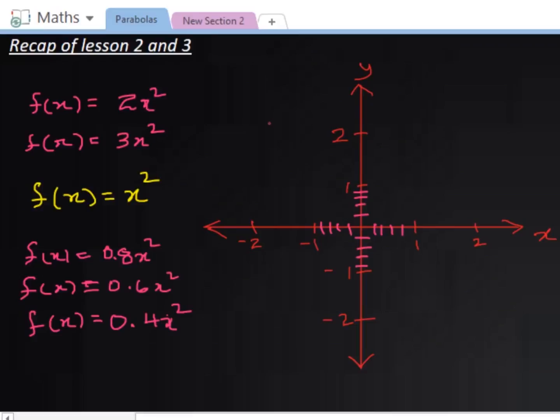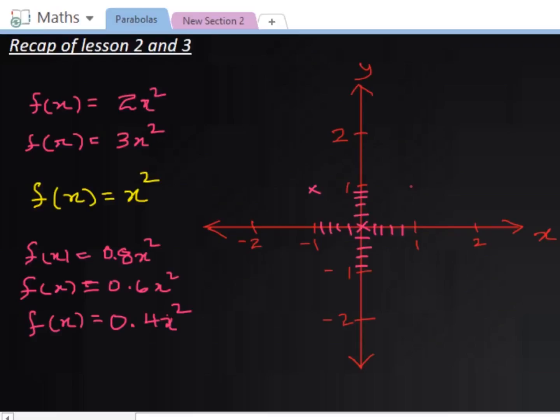Let us first start by plotting the function f of x equals x squared, as we have done in the previous 2 videos, using 3 points. Remember, the 3 points we used are -1 and 1, which is a point on this Cartesian coordinate right there, and the second point is 0 and 0, which is in the middle, and the third point was 1 and 1, which is a point right here.